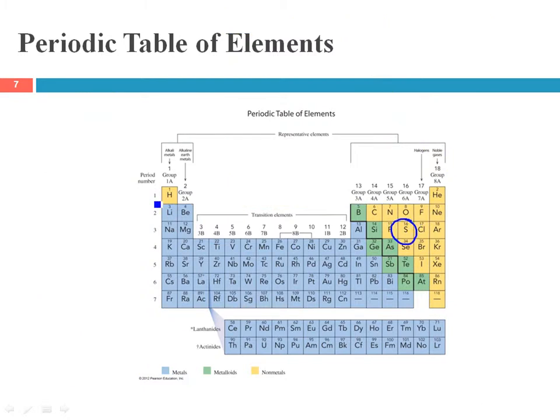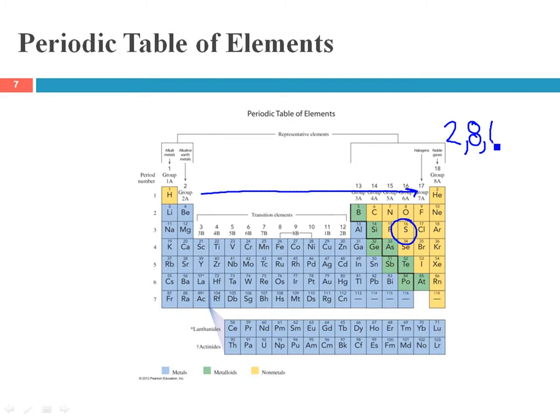As we move from left to right, so we're moving along here, we're going to fill our first energy level. Then we're going to move down to our second energy level, and if we move all the way across, we haven't gotten to sulfur yet, so our second energy level is full as well. Then we move down to our third energy level, n equals 3, and we move over 1, 2, 3, 4, 5, 6.